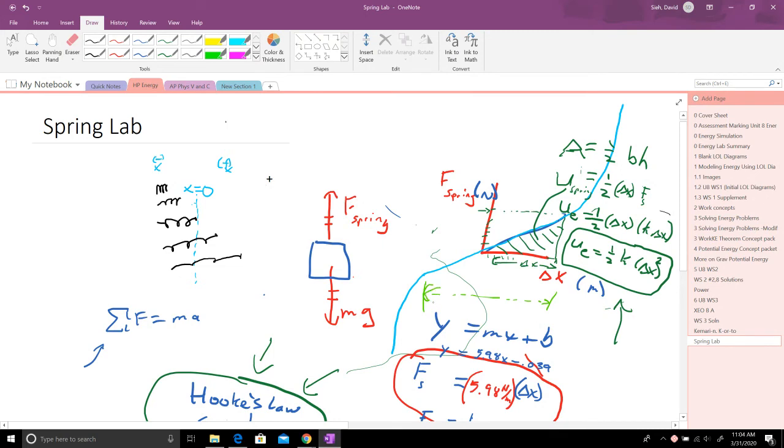Because if I crush it down too far, I'm going to have to start smushing the metal to get the coils to crush closer. And as I stretch it out, I'm going to have to start stretching the metal itself into a thinner wire. And so Hooke's law just recognizes that it has a limited regime over which it works.